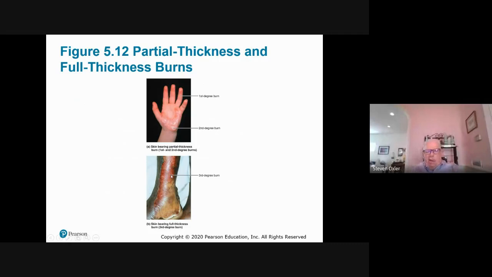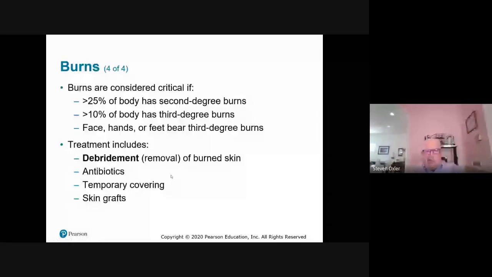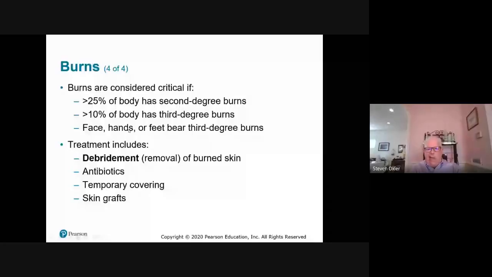Burns are considered critical if greater than 25% of the body has second-degree burns, or greater than 10% have third-degree burns, or areas of the face, the hands, and the feet have third-degree burns. Why is the face so important? Now is the time to tell me.